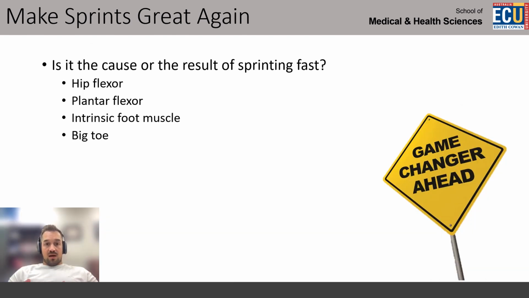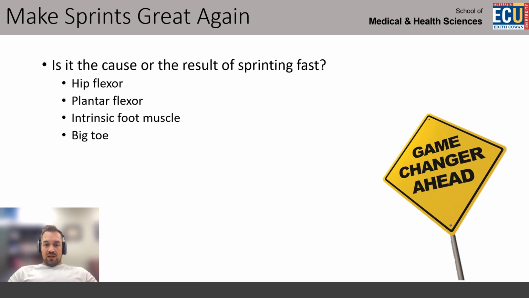And now some further considerations and assumptions that are often circulated in our profession when it comes to speed development. We have some studies demonstrating a significant correlation of any of those structures and sprinting performance. And also some intervention studies showing the efficacy of improving any of those capacities with isolated single joint exercises and sprint performance.